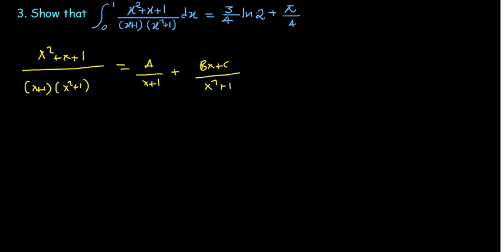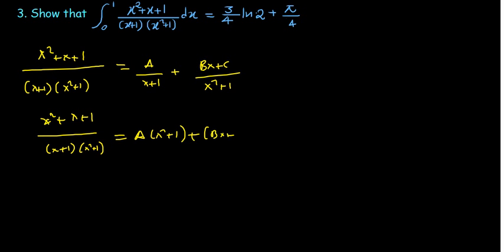And so in this way we're going to have (x² + x + 1) / ((x + 1)(x² + 1)) equal to A(x² + 1), we're just merging as a single fraction, plus (Bx + C)(x + 1), all divided by (x + 1)(x² + 1).